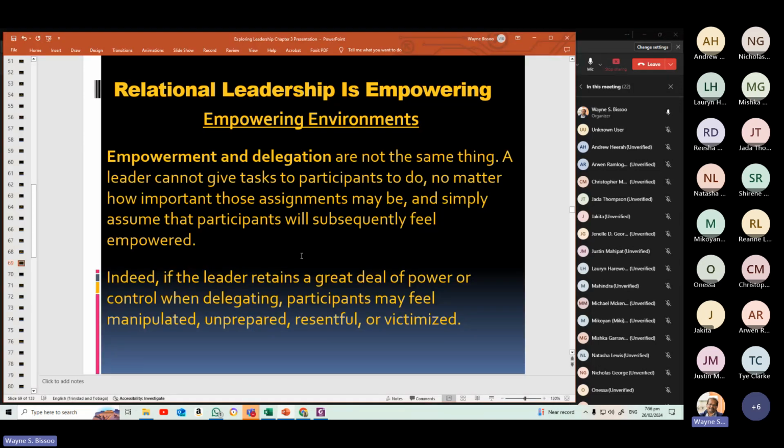Interestingly enough, even when you delegate, the final responsibility lies with you. But some leaders utilize delegation as a way to make it appear as if this person is not prepared for the job.